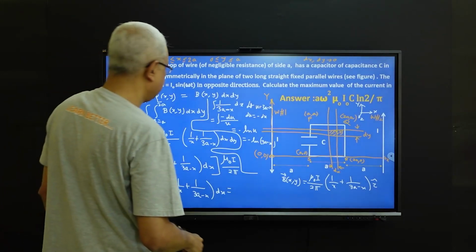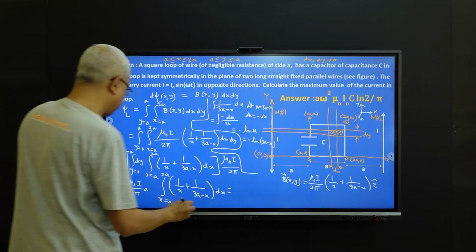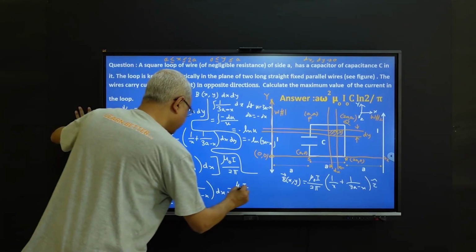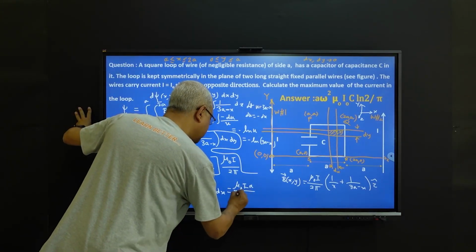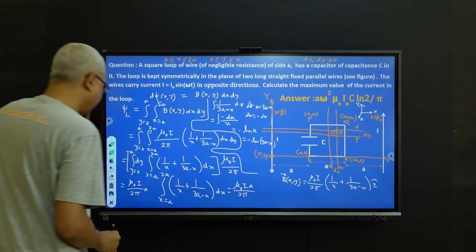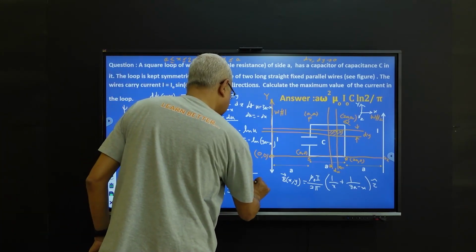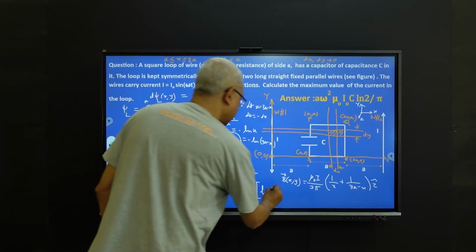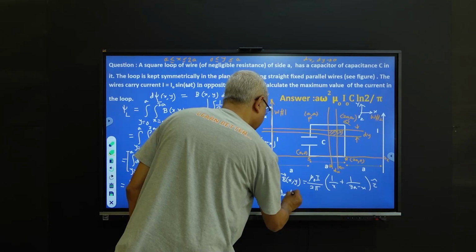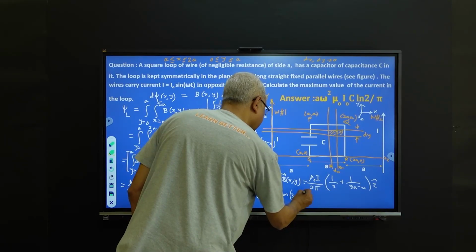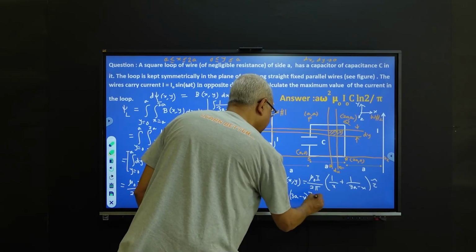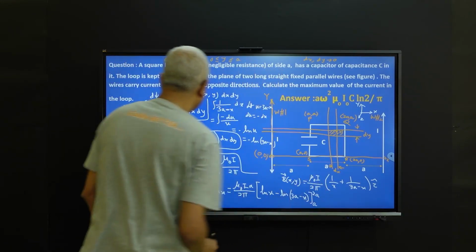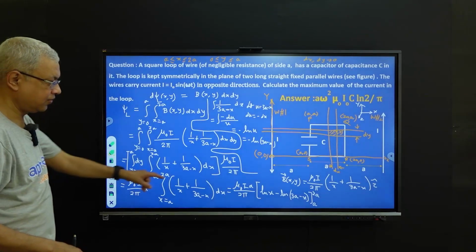So this integral is actually mu naught I a by 2 pi. The first integral is nothing but ln x, and the second integral is negative ln of 3a minus x, and the limits of integration are a to 2a. So we have to evaluate this quantity.